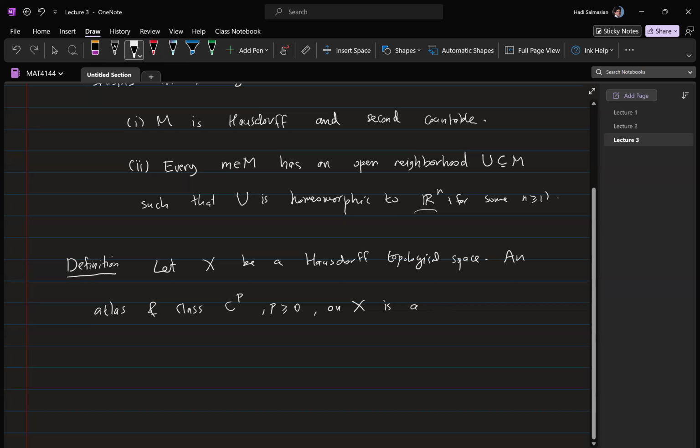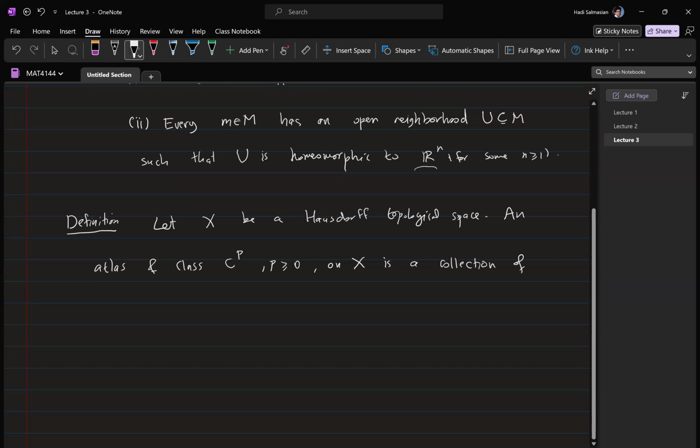So it's a collection of pairs, say (Ui, phi_i), i in some index set, with the following property.